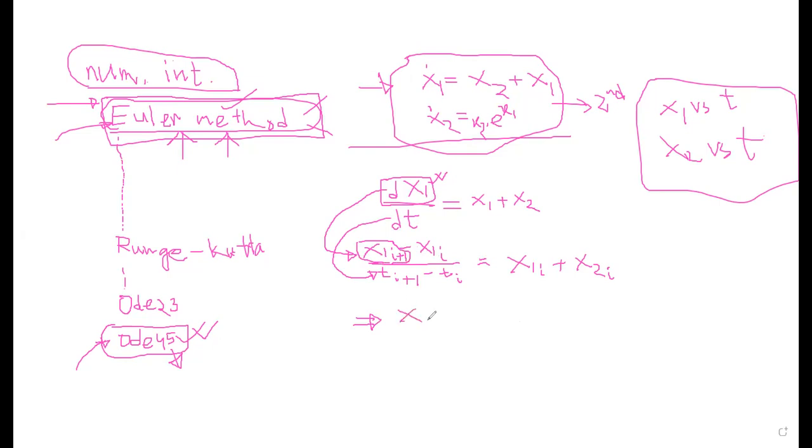So we simply write it like this: x1 at i plus 1 is nothing but x1 at i plus, this t at i plus 1 minus t at i we can also write as dt or delta t, all the same, multiplied by whatever we had on the right hand side. This is simply Euler's method of numerical integration, very simple.